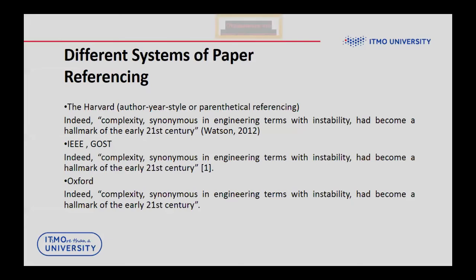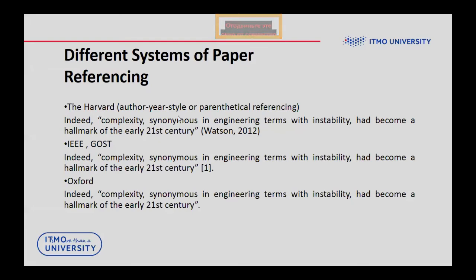For example, many journals follow the Harvard system, which is also called author-year style or parenthetical referencing. In this example, this is a citation from a paper written by Watson in 2012.